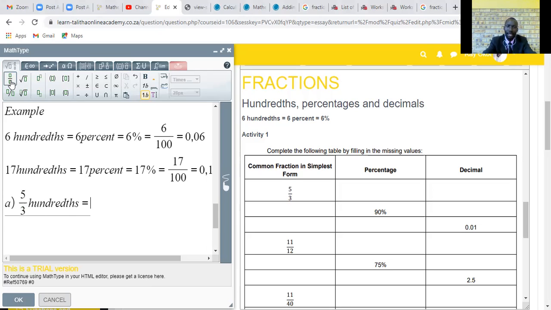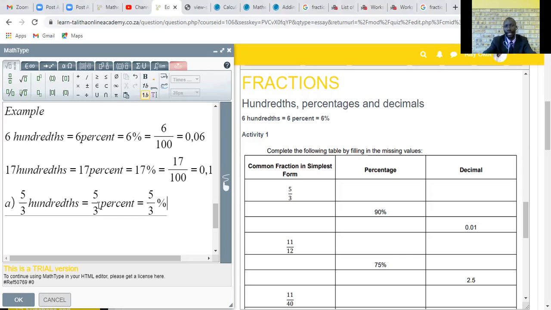Well, in the same way, we will have 5/3 percent, or simply 5/3 with the symbol for percent.